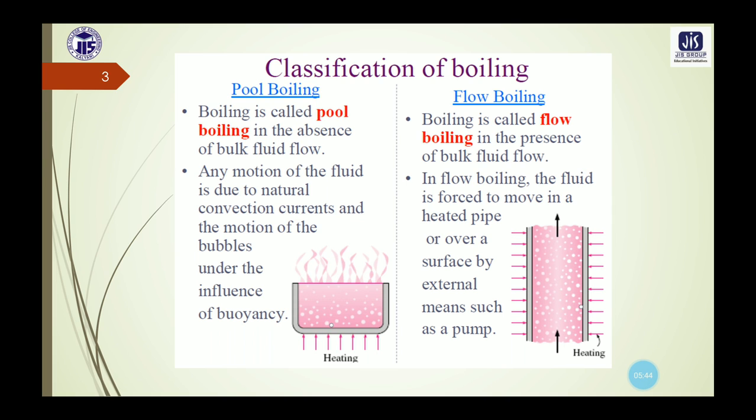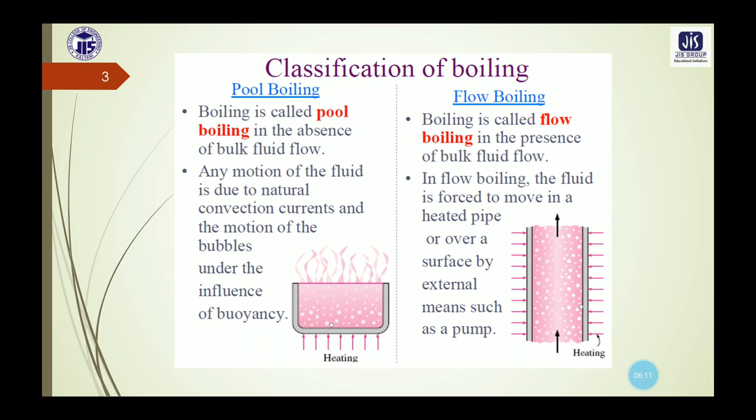This is the concept of pool boiling. Pool boiling occurs in steam boilers involving natural convection. Here there is an absence of bulk fluid flow, and the fluid motion happens due to the natural convection currents.